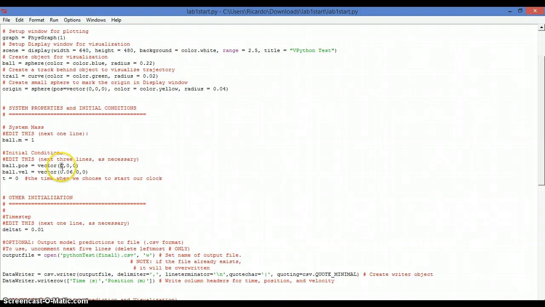Here we can see that the object's initial position was 0 meters and that the object's velocity was 0.06 meters per second.